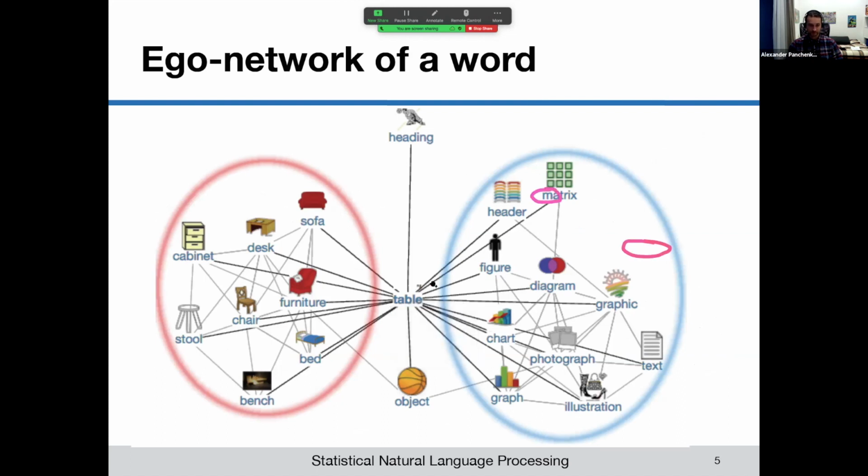Another type of graphs is distributional graphs derived from word2vec or distributional thesauri, like those we've seen in the last lecture, last Thursday.